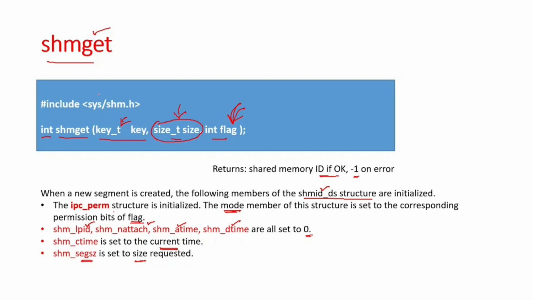This is about the shared memory get function, which is used to get a shared memory identifier, and these are the changes that happen in the SHMID data structure when this function is successful. These are the values that are initialized.